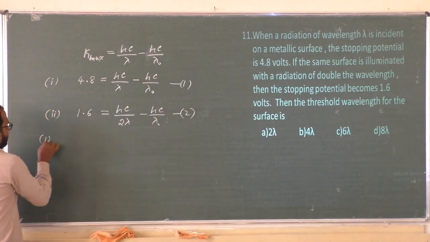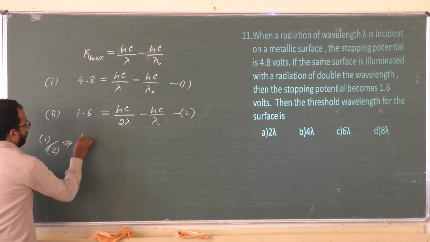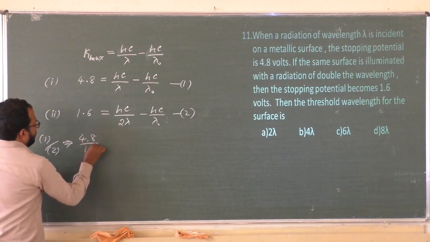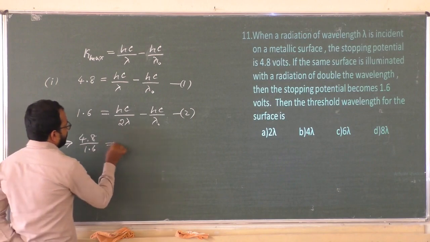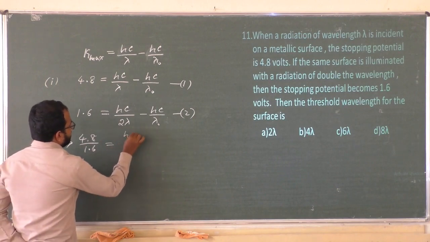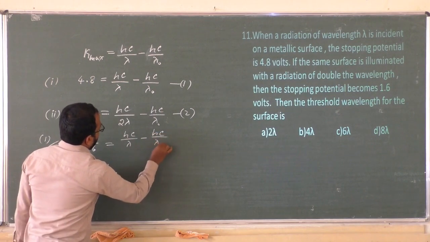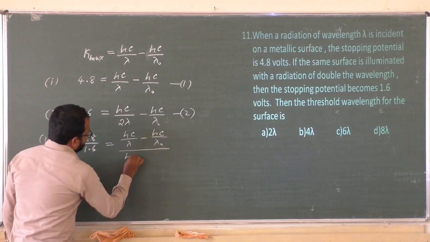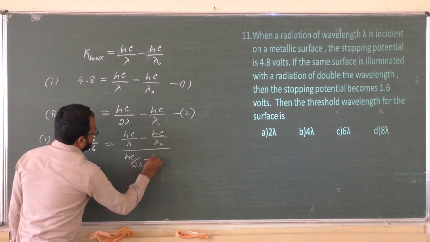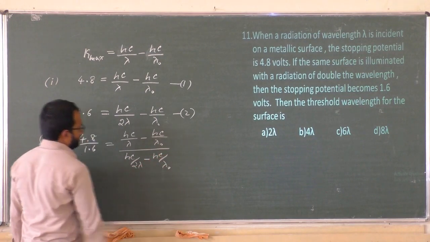Dividing equation 1 by equation 2, you will get 4.8 divided by 1.6, that is equal to hc by lambda minus hc by lambda naught divided by hc by 2 lambda minus hc by lambda naught.